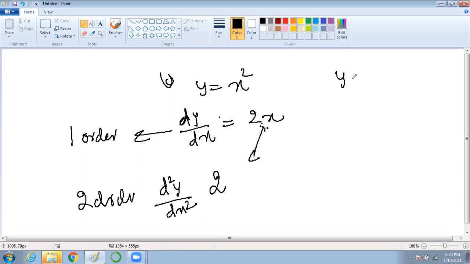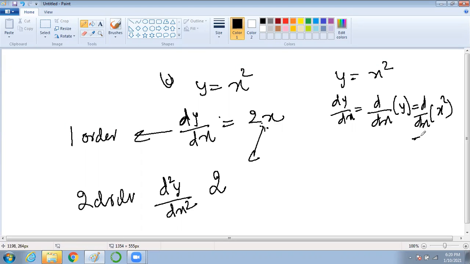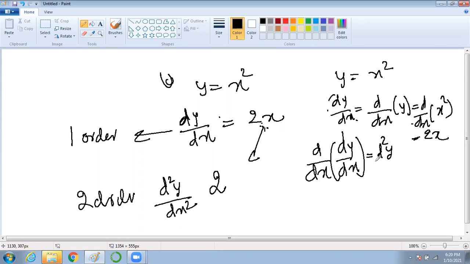So if your y is equal to x square, dy by dx is d by dx of x square, which is equal to 2x. Now again you differentiate dy by dx, and you get d square y by dx square, which is equal to 2. Why? Because if you differentiate 2x again, you get only 2, because x will become 1.